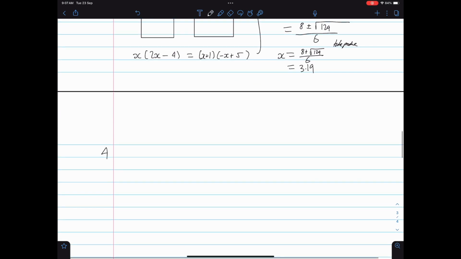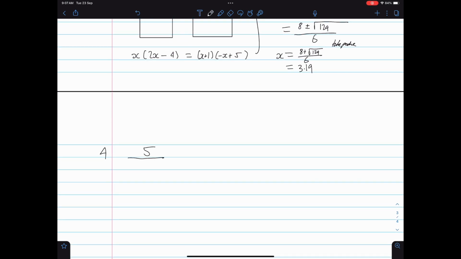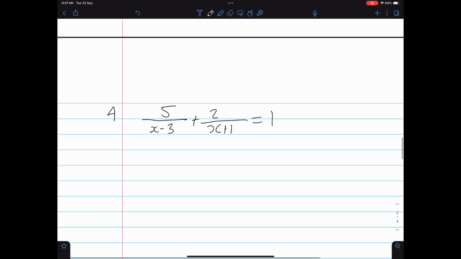Now we've got another sort of fraction question, like we did in a previous video. And we have to give the solutions to 3 significant figures. As we know, you make the denominators common. Like this.